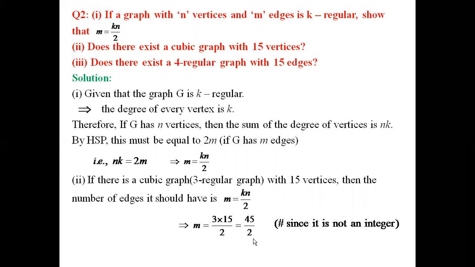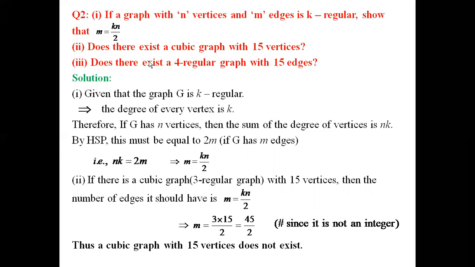So since this is not an integer, we conclude such a cubic graph with 15 vertices does not exist. Our question was to verify whether such a graph exists or not. Since we obtained a non-integer value for the number of edges, we conclude that such a cubic graph with 15 vertices does not exist.